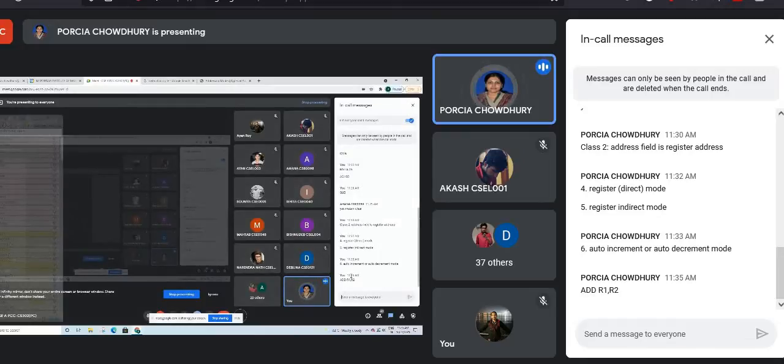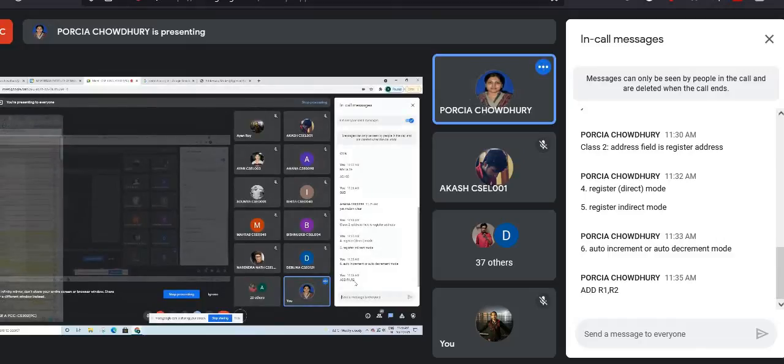In this type of example, when you have registers, always remember, just after the instruction, whatever register is there, that is the destination register. That means the result we will find over there. So add R1, R2 means you have to add the content of the R1 register and the R2 register. R1 and R2 are registers, directly given, and in these two registers you have the operand values.